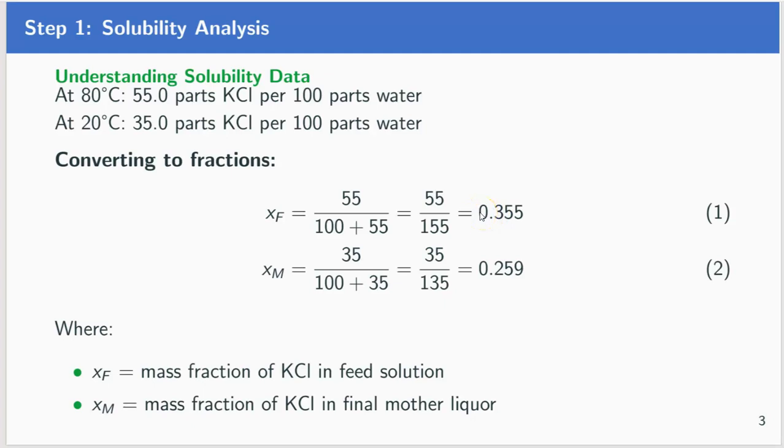Next, at 20 degrees, 35 parts KCl per 100 parts water. The total is 35 plus 100, so 135. So the mass fraction Xm equals 35 divided by 135, that is 0.259. Here Xf is the mass fraction of KCl in the feed solution and Xm is the mass fraction of KCl in the final mother liquor.